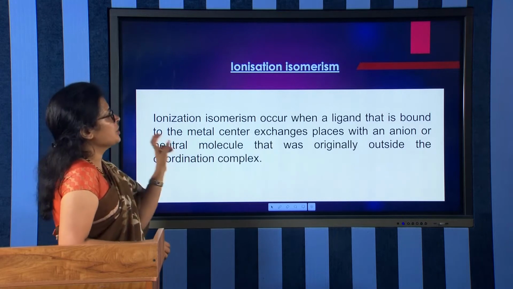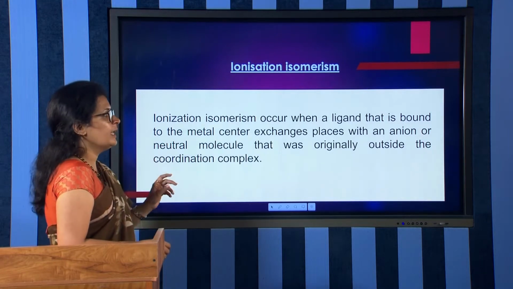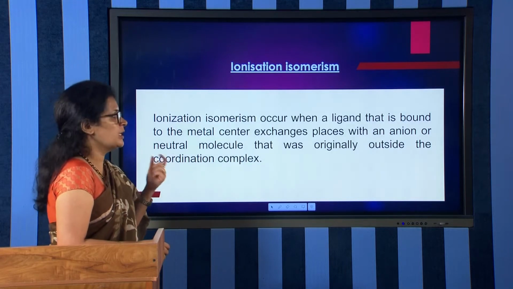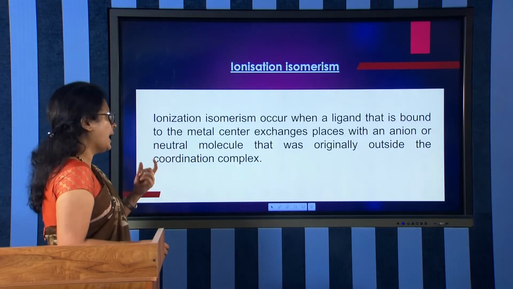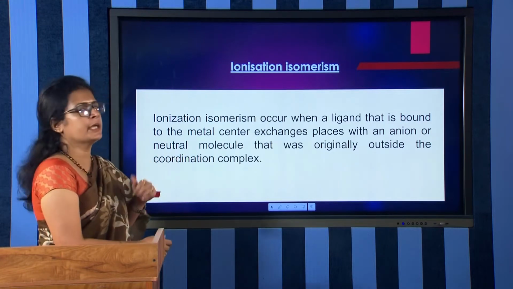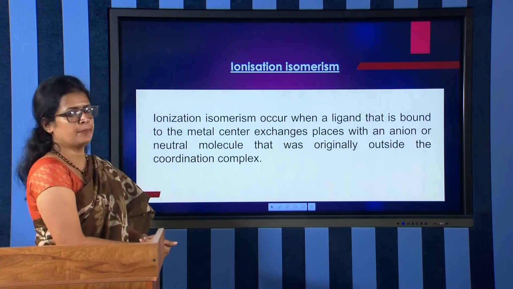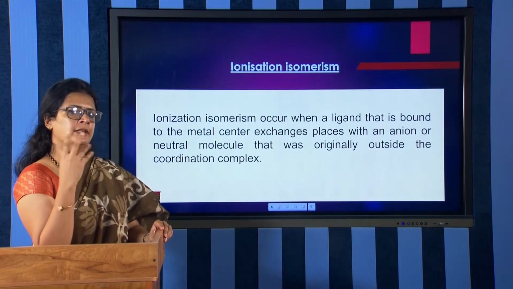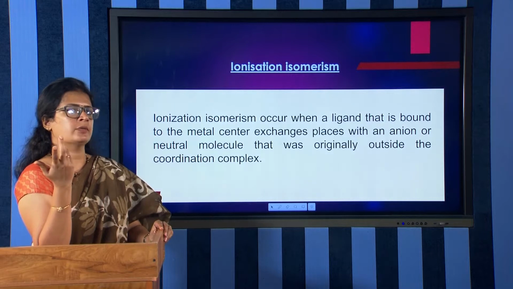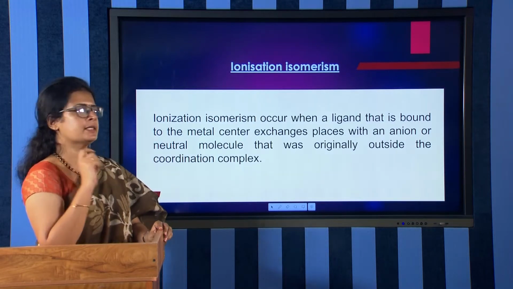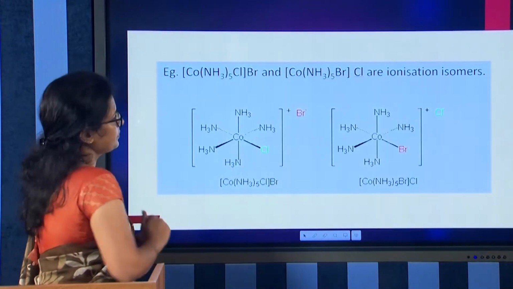So, ionization isomerism occurs when a ligand that is bound to the central metal exchanges places with an anion or neutral molecule that was originally outside the coordination complex. There will be an exchange of ligands with the counter ions. So, ligands will be exchanged with the counter ions in the case of ionization isomers.